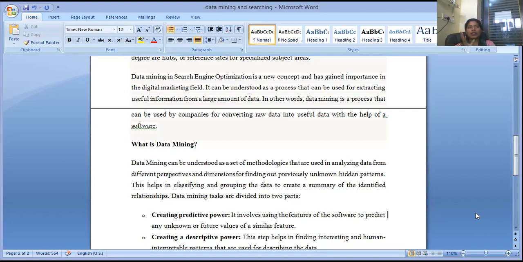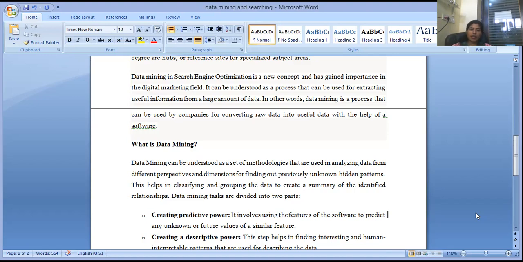Whatever hidden patterns were generated by your data in previous times when you searched and analyzed that data. So data mining provides a methodology through which you analyze your data from different perspectives and dimensions to find the previously hidden patterns in which that data is organized.